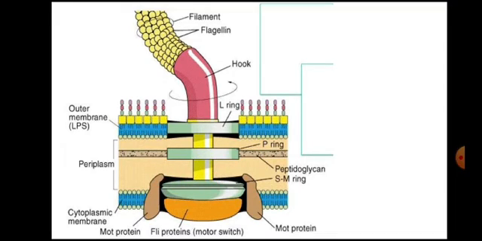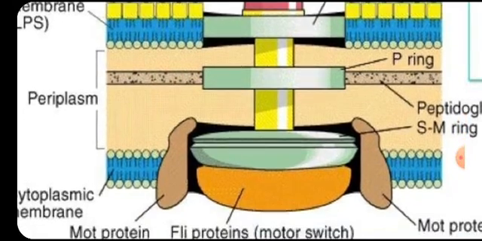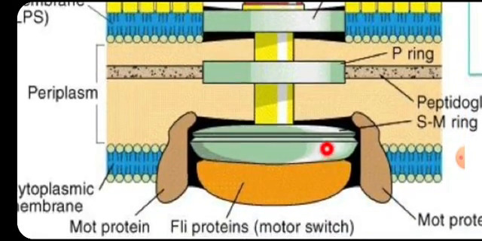The space between the cytoplasmic membrane and outer membrane is called the periplasm. So you can see that peptidoglycan is present in the periplasm and this P ring is embedded in this peptidoglycan. Then this is the superficial ring, which is bound to the membrane, ring S and M ring.